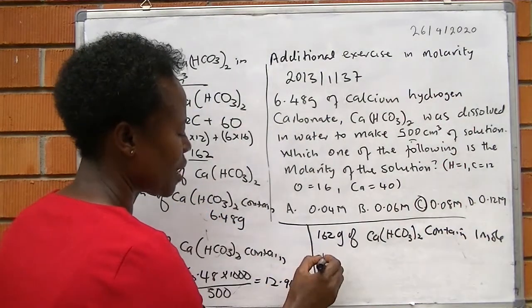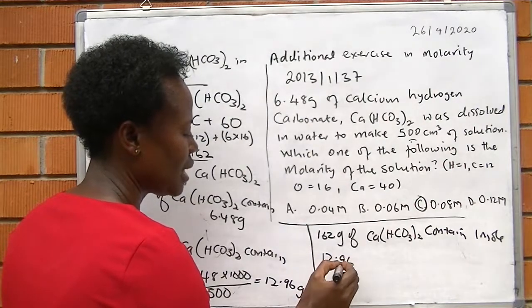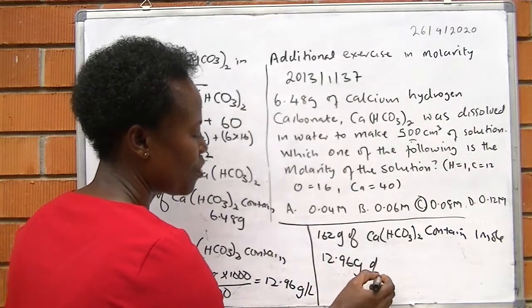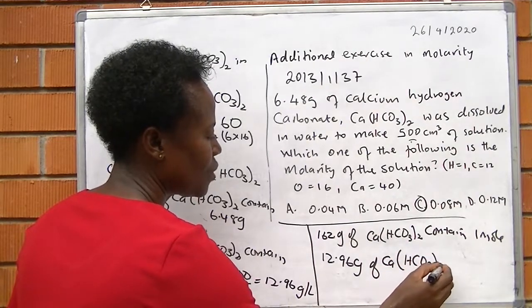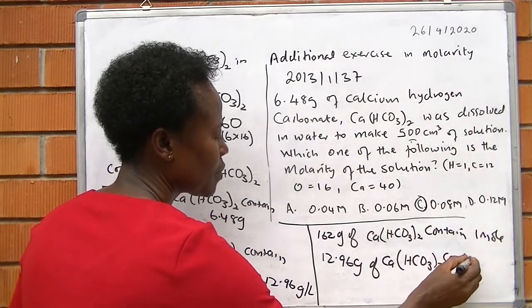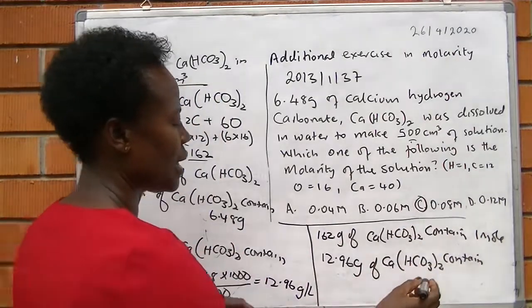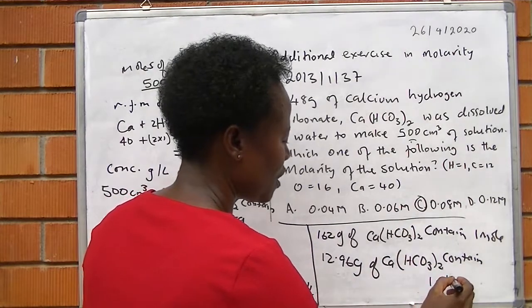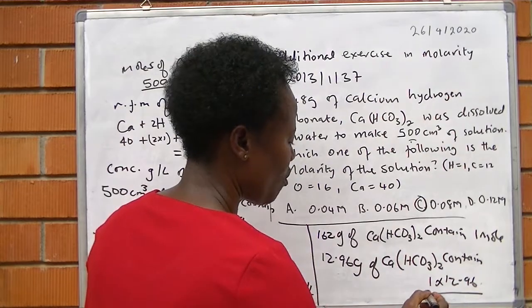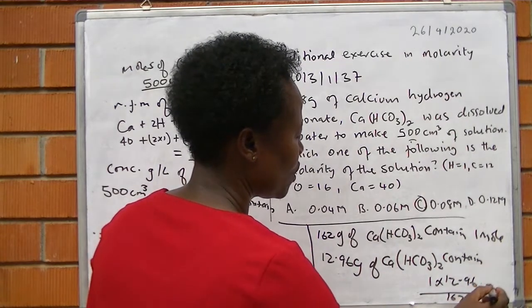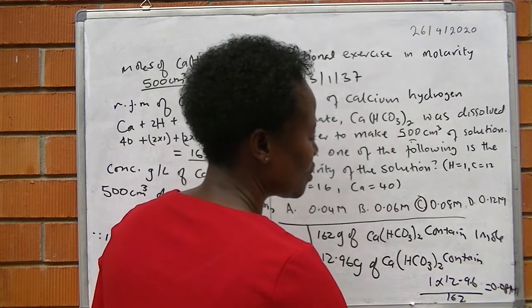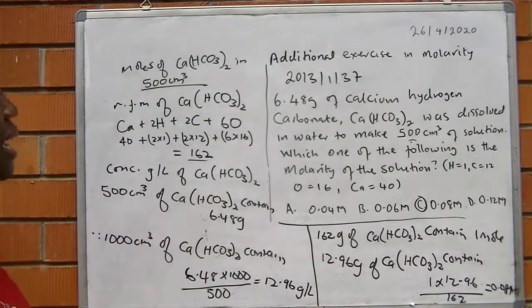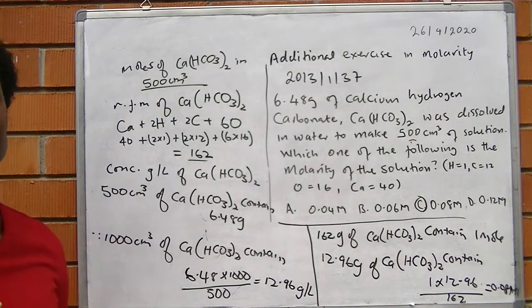What about the grams in a liter? Will contain, then we cross multiply 1 times 12.96 over 162, which is equal to 0.08 M. So those are the moles that are in a liter, and the same answer as in the first method.